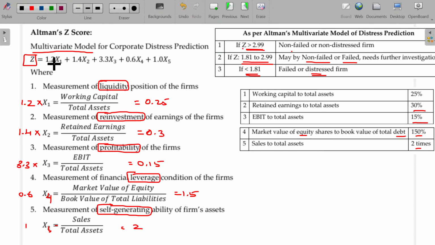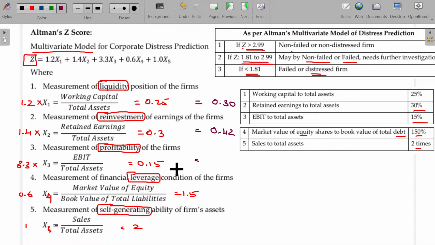Now you have to multiply with these Z weights. 1.2 into 0.25. How much is that? 0.3. And this one, 0.3 into 1.4, 0.42.